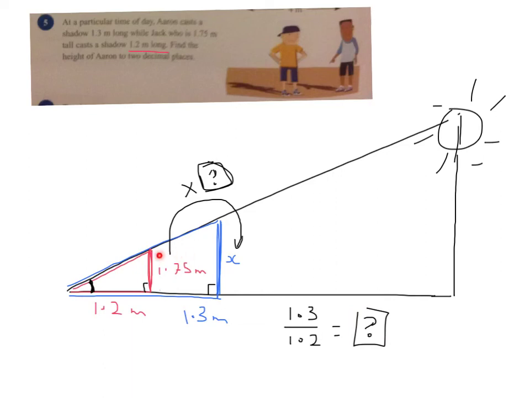So we've got our smaller value here, we times it by that, and it will get us our X value, because that times whatever this is will give us 1.3. So once we've worked that value out, you slot it in there, then it's 1.75 times that value gives us our X, because this is our scale factor. The question looks harder than what it is, but it's not really. We've got our two shadows, we can find out that height because they're similar triangles. There you go.